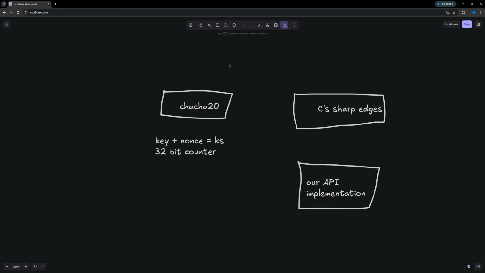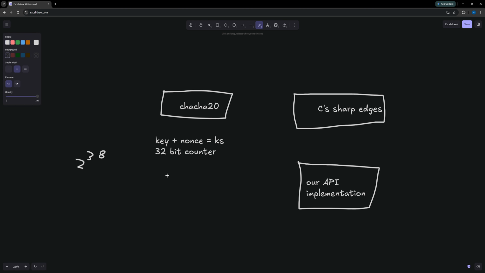So basically that gives us an upper theoretic limit on any key nonce pair. Since it's 32-bit, that would be 2 to the 32nd power. But remember that each block is 64 bytes. So this is actually 2 to the 38th power, which is the largest amount of data that we can do for any key nonce pair.